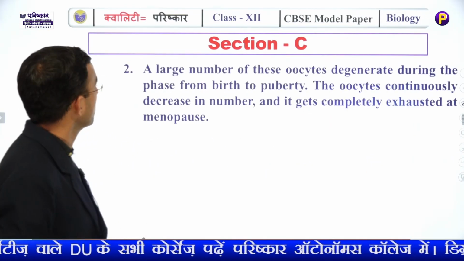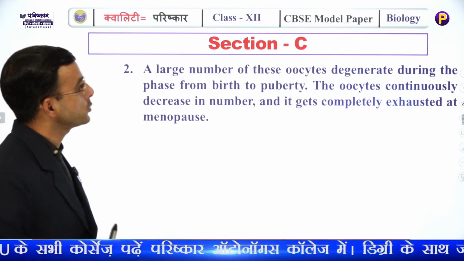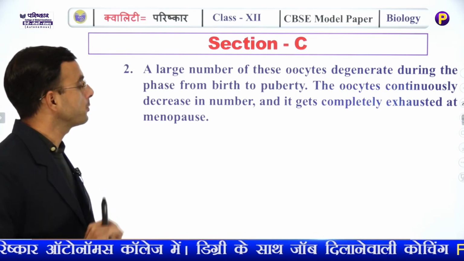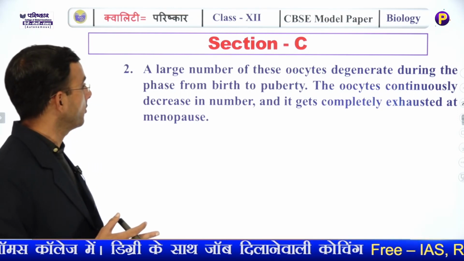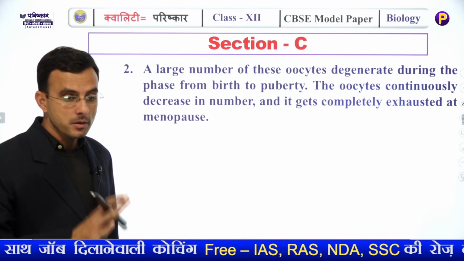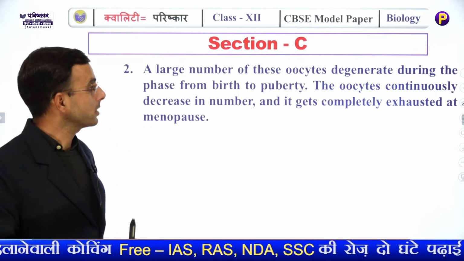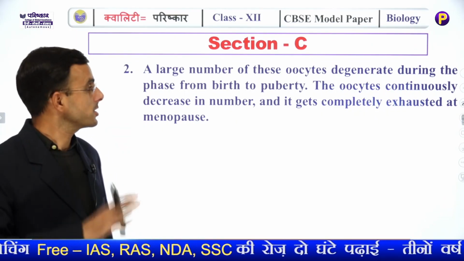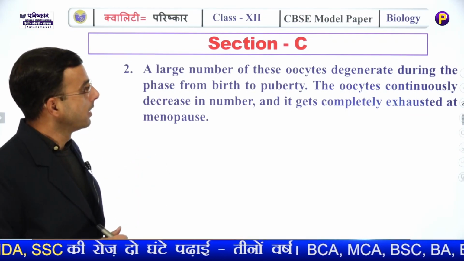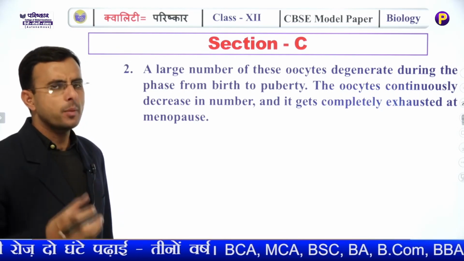Now, the second difference: a large number of these oocytes degenerate during the phase from birth to puberty. Why? Because until the female child reaches puberty, these are destroyed, so the maximum numbers are destroyed.